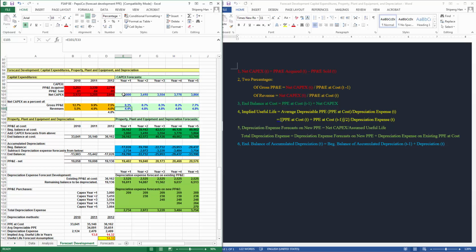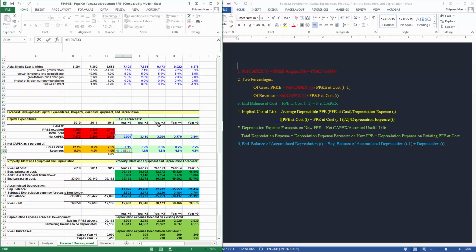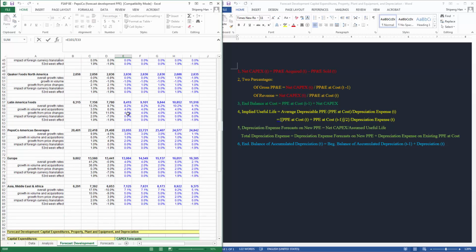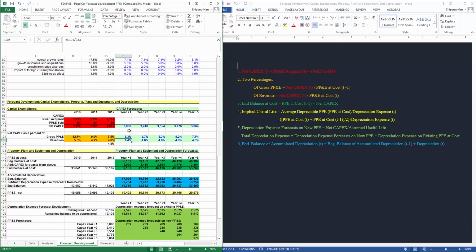Okay, the reason is 3,000 divided by the forecast revenue of year plus 1 is actually 4.4. Okay, see this formula is E101, actually 3,000, net capital expenditure scaled by E33. E33 is actually the forecast total revenue of year plus 1. Okay, now for these numbers except the 3,000, the rest are the forecast revenue of each year multiplied by the percentage of revenue in each year.